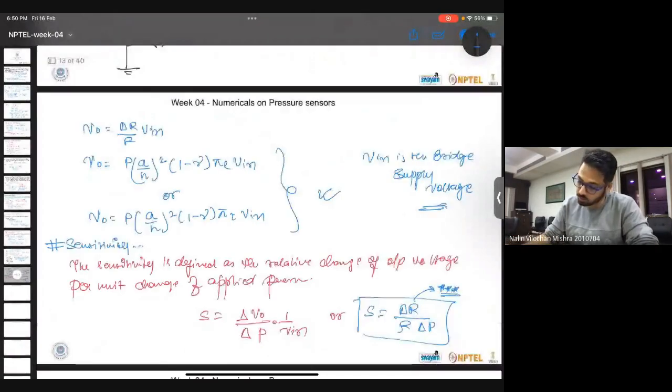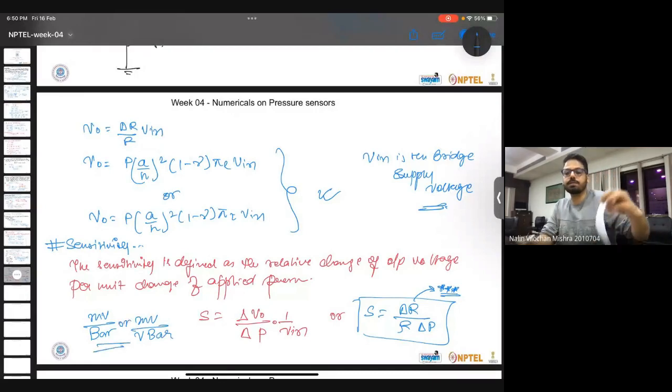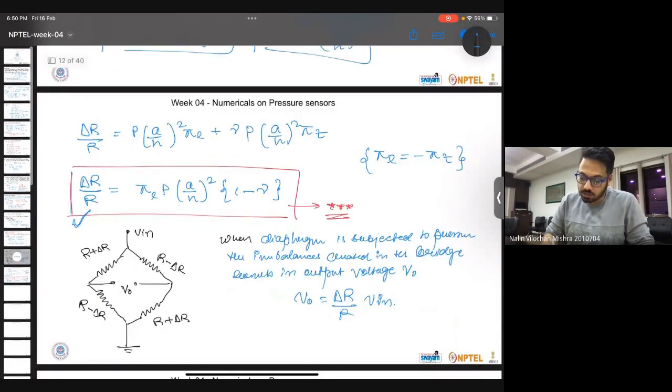And the unit is generally millivolt per bar, or millivolt per volt bar. These are the units of this sensitivity. Okay, so based on these things, let us try some numericals.